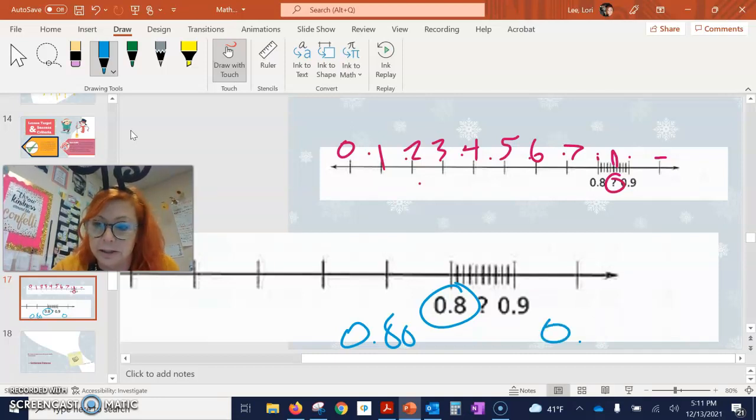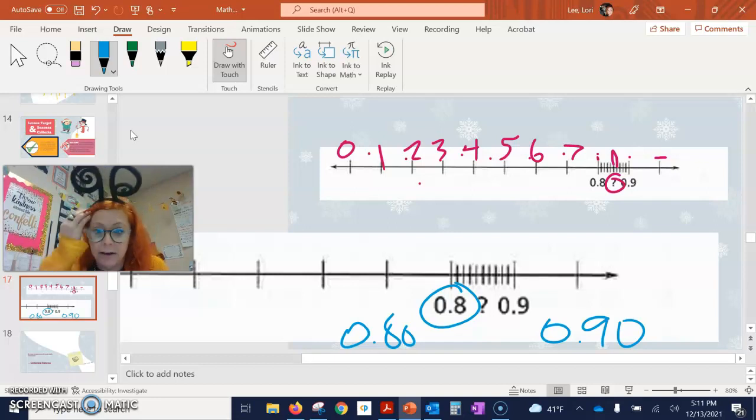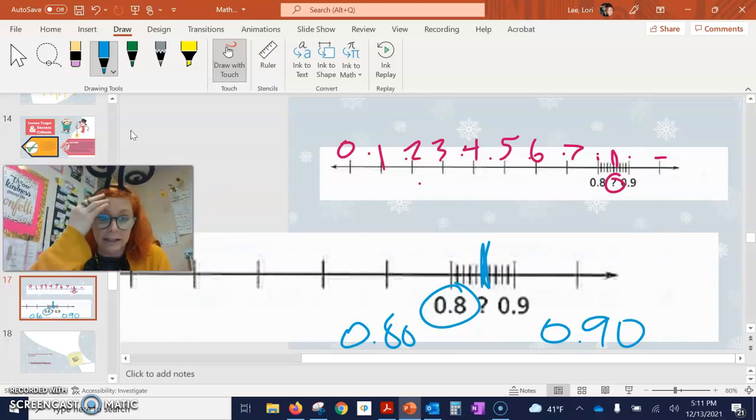You have 0 and 9 tenths, but you also have 0 and 90 hundredths. Now that you see it this way, you could probably figure out what is halfway in between, because that's what this mark is, halfway in between. You know what's halfway in between 80 and 90. So when looking at these, remember, you need to use those zeros that you are free to add at the end of a decimal, because that will probably help you solve your problem.